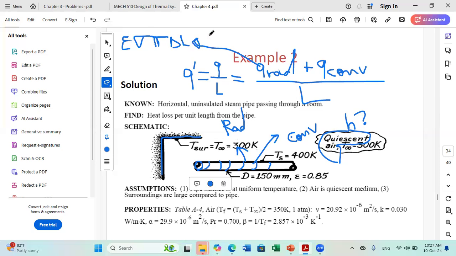Okay? Times what? Times T surface to the power 4. Pay attention to use temperatures in Kelvin. T surface to the power 4 minus T infinity to the power 4.